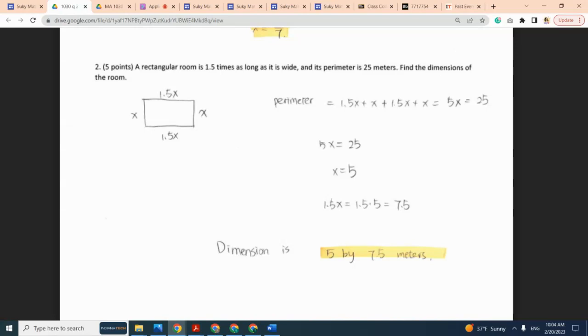So add them up together: 1.5x plus x plus 1.5x plus x altogether is 25. So we get 5x equals 25. x is 5. Okay? And then 1.5 times 5 is 7.5. So the dimension is 5 by 7.5 meters. Okay, so that is the quiz solution.